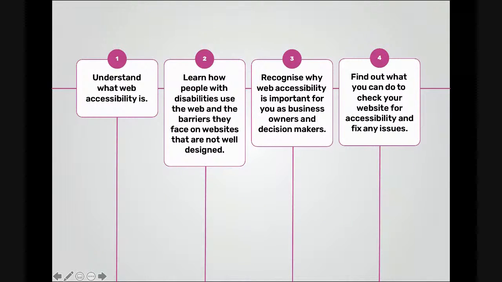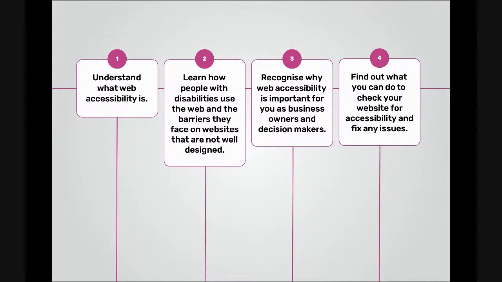What is web accessibility, first of all? Well, the World Wide Web Consortium, which was founded by Tim Berners-Lee, the inventor of the World Wide Web, describes web accessibility as meaning that websites, tools, and technologies are designed and developed so that people with disabilities can use them.